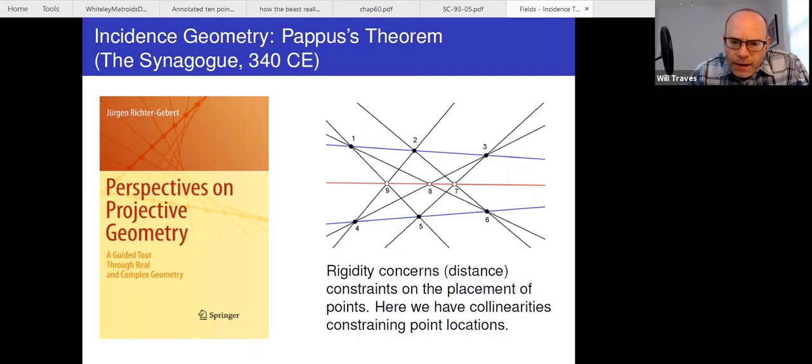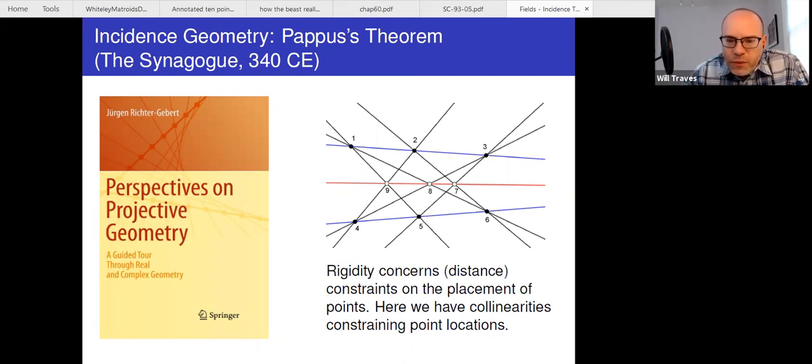And in a sense, I think of this as a rigidity kind of result: if your initial 6 points are constrained, and if you produce these new 3 points in this incidence fashion, then you have to have this extra red constraint.